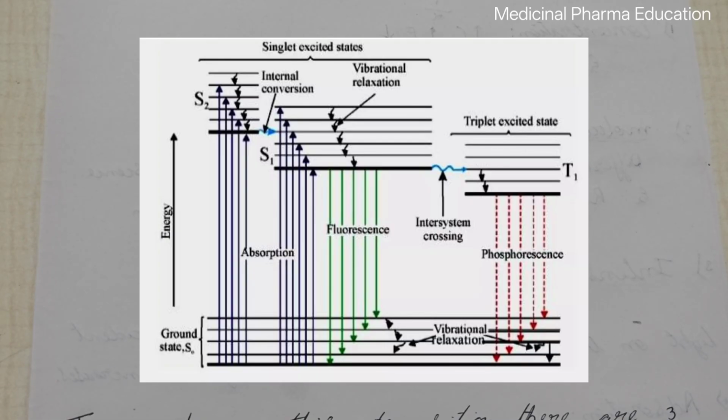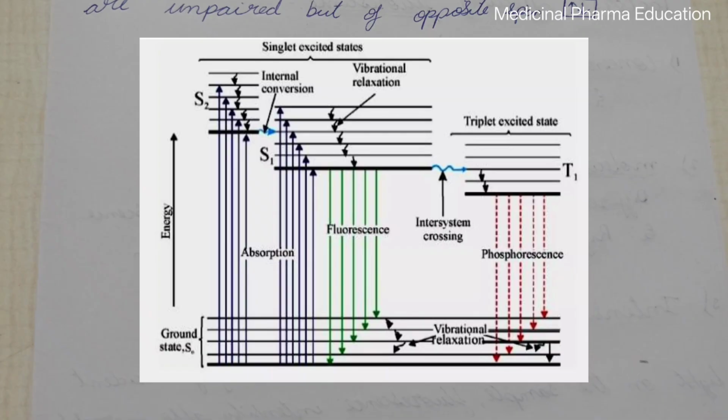See, first, at the left bottom of your diagram there is the ground state. It is called S0, and at first every molecule will be in the ground state itself. When the energy is absorbed, you can see where absorption is taking place, and the electron or the atom goes to the S1 and S2 states.